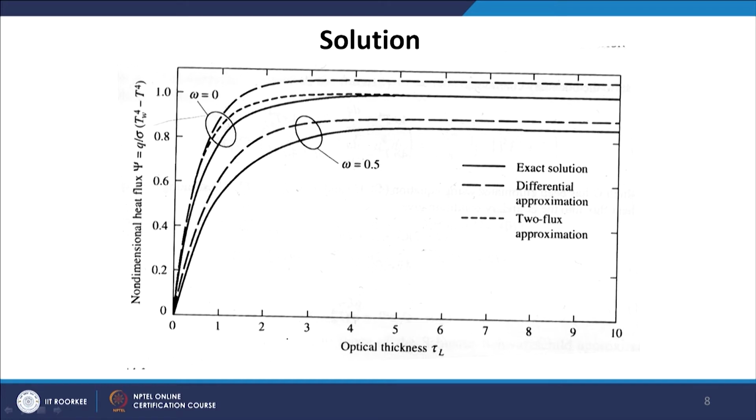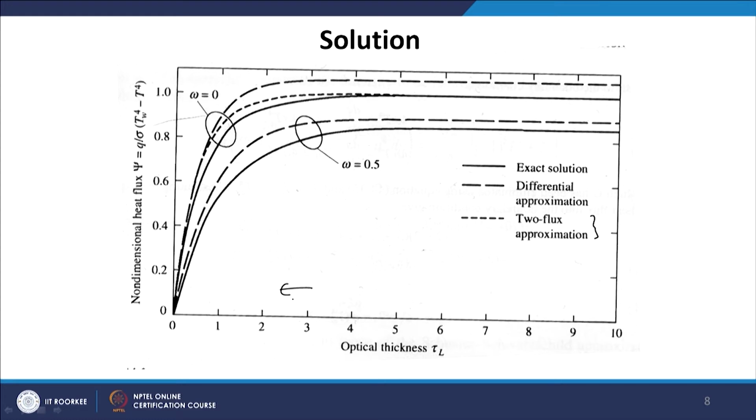The result for the two flux approximation method is shown, and you can observe here. Two flux approximation is basically the Schuster-Schwarzschild method, and we see that for the optically thin case, that is tau L values very small, the method is exact. That means it always goes to the correct optically thin limit.